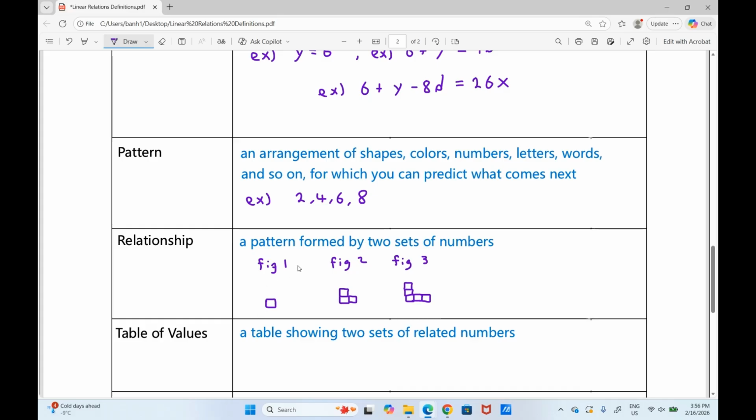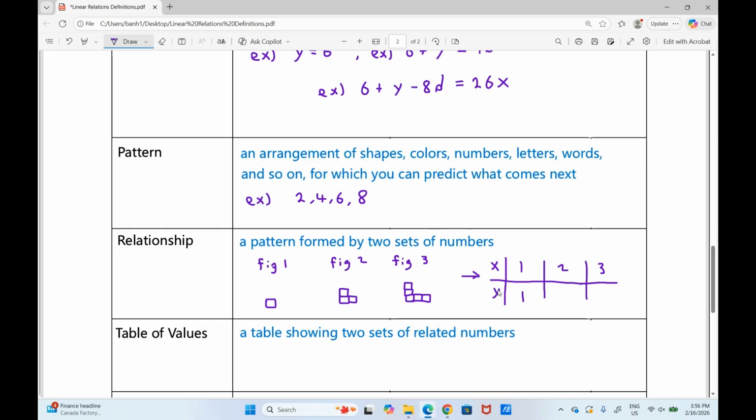Looking at this, if I turn this into a table, which we're going to talk about afterwards on the bottom here, let that be X, let that be Y, figure 1, figure 2, and figure 3. How many blocks are in figure 1? 1.